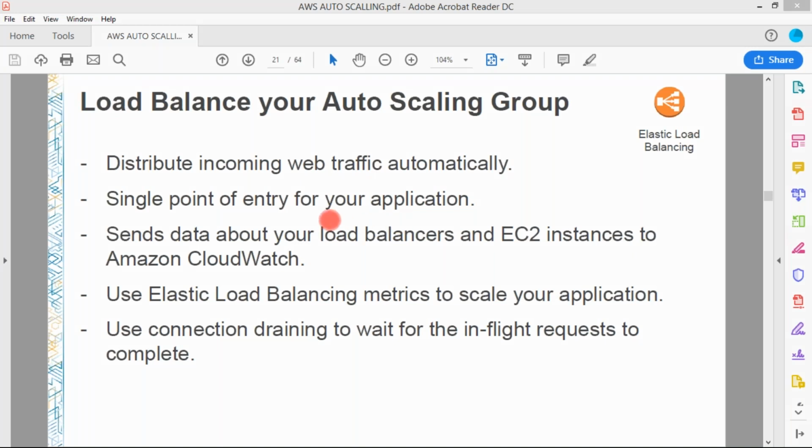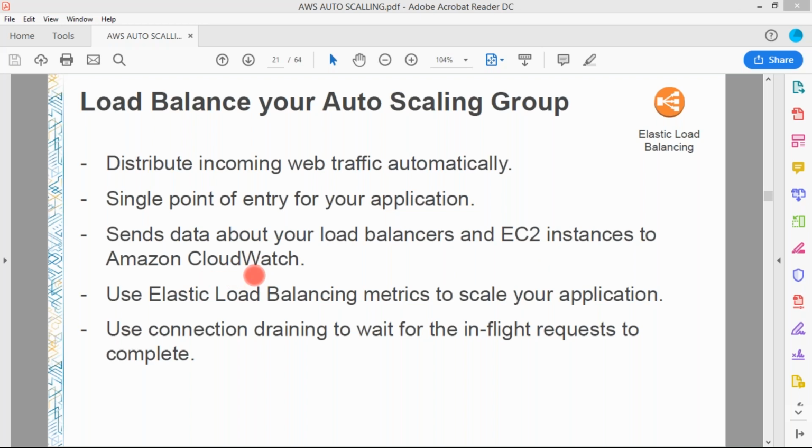Any application will contact the elastic load balancers, which send data about your load balancers and EC2 instances to Amazon CloudWatch. CloudWatch basically provides the logs of the particular instances and the health checks, showing what's going on with the instances and whether any load is very high.